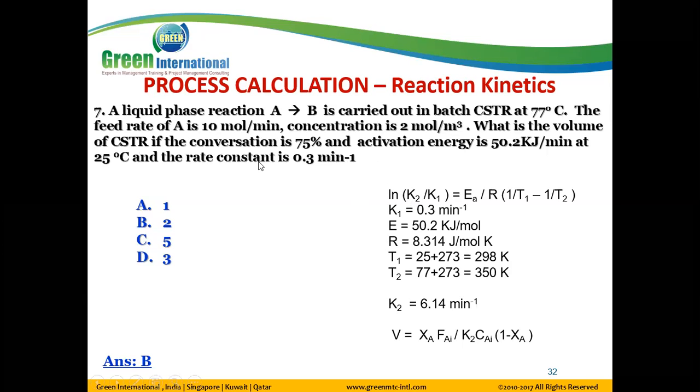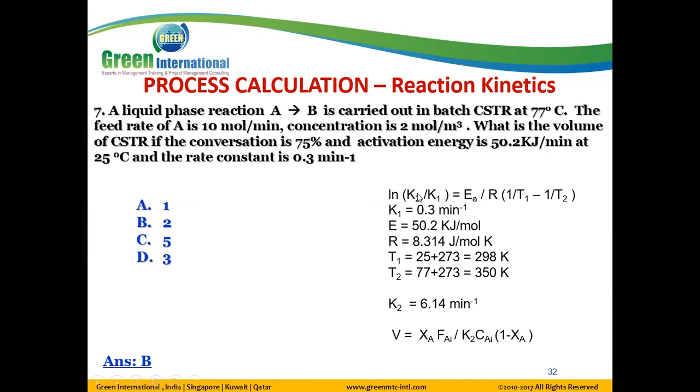Here the rate constant and activation energy are all given at 25 degrees centigrade, but we need the rate constant at 77 degrees centigrade. So you have to use the activation energy formula: ln(K2/K1) equals EA over R times (1/T1 minus 1/T2). K1 is given as 0.3 per minute, T1 is 25 degrees, T2 is 77 degrees.